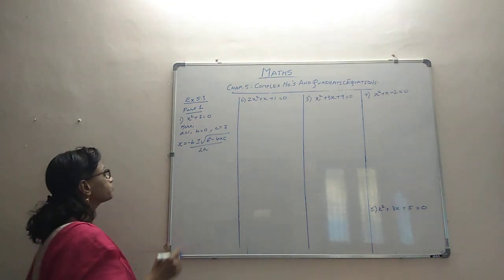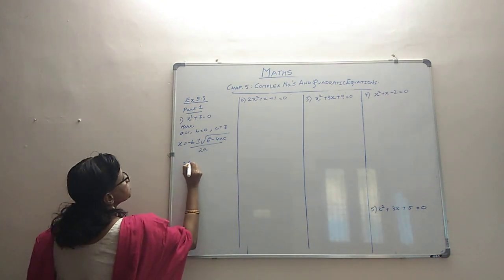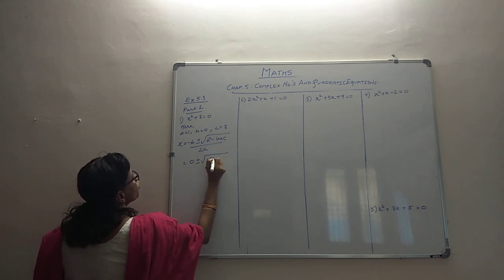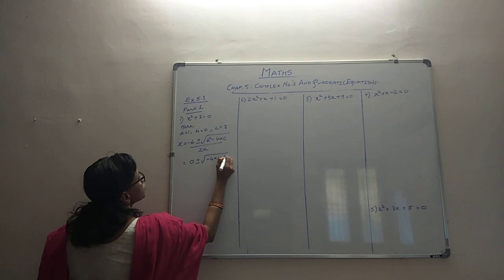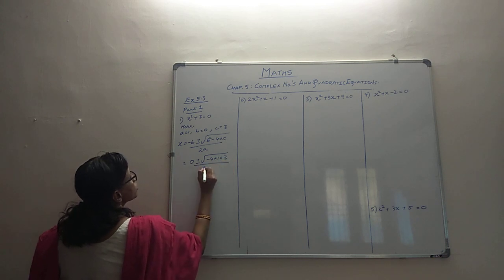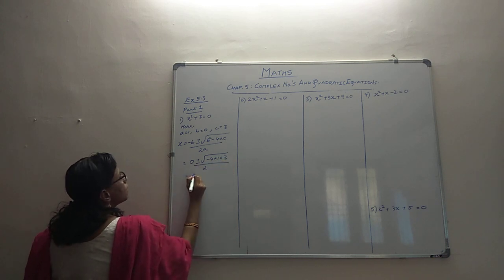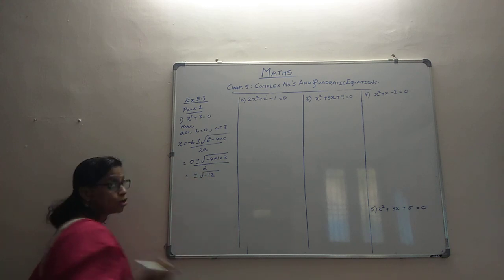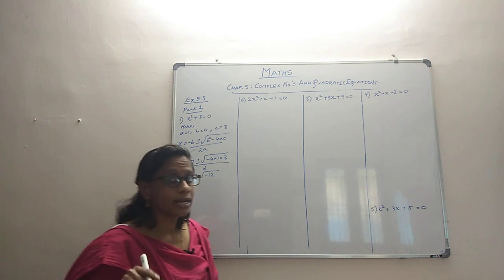Initial problems will be done with the formula. Later on, we try to do it directly, and in the exam we use our own discretion on whether to write the formula and where. So let's continue. Minus b is 0, plus or minus root of 0 minus 4, a is 1 and c is 3, by 2a, which is 2 into 1, so 2. So plus or minus root of minus 12 by 2. We all know that root of minus 1 is i.